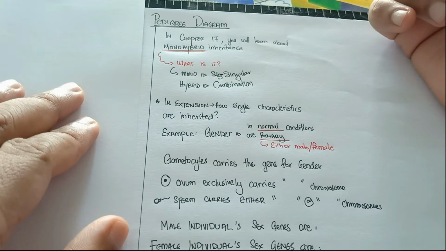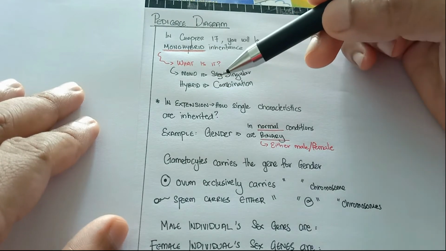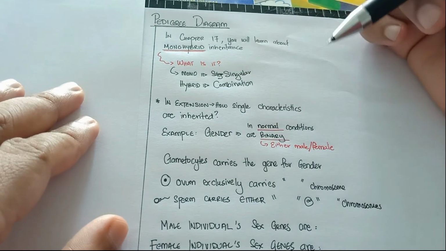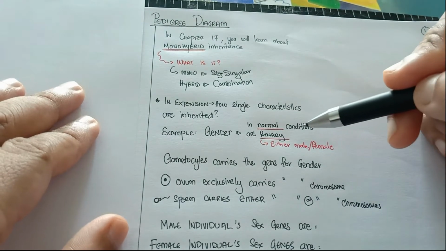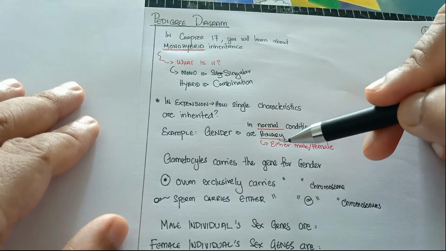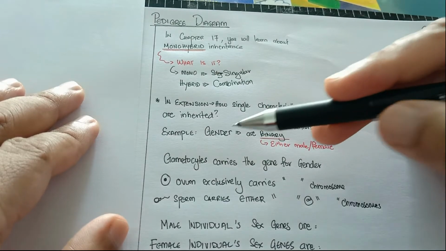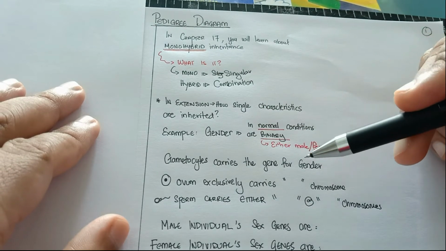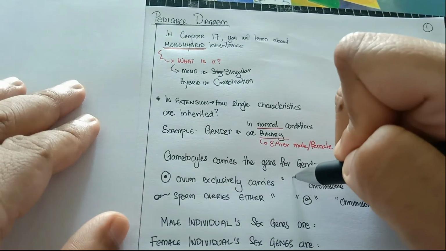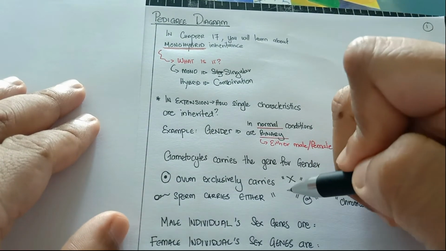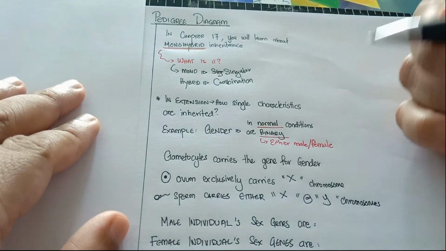For example, the singular type of combination could be your gender. In normal conditions, gender is binary. You are either male or female. Gametocytes carry the gene for gender. The ovum exclusively carries the X chromosome, and the sperm carries either X or Y chromosome.